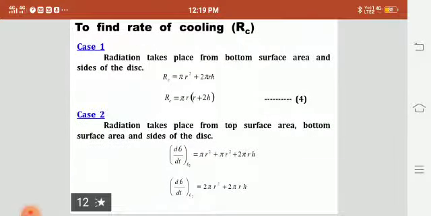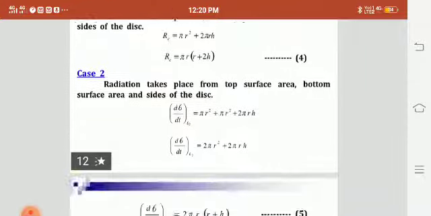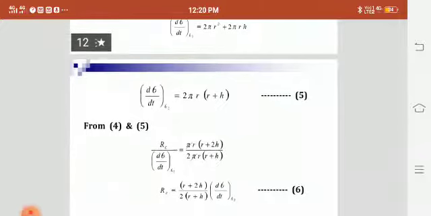In case 2, radiation takes place from the top surface area, bottom surface area and the sides of the disc, that is upper and lower cases. That is d theta by dt is equal to 2 pi r squared plus 2 pi r h. So d theta by dt is equal to 2 pi r into r plus h.